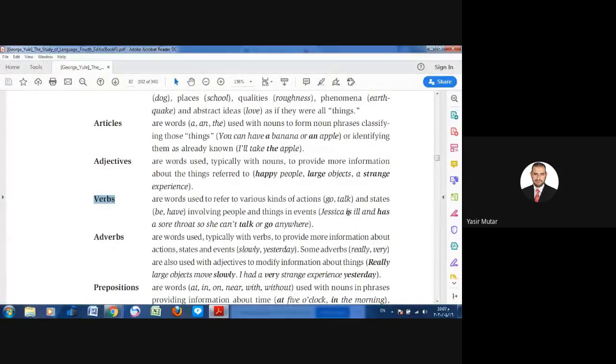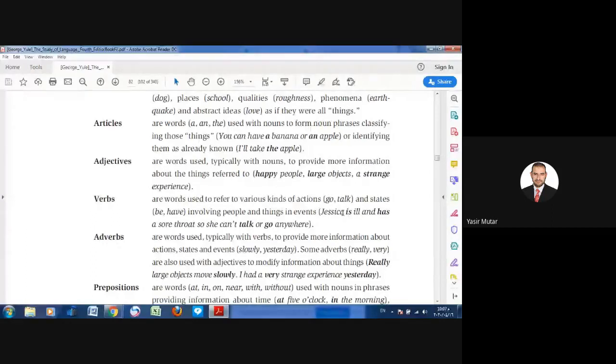And yes, we have many types of verbs. We have main verbs, we have auxiliary verbs, we have modals, and we also have a classification of main auxiliary verbs. We have three groups: verb to do, verb to be, verb to have. These are the main auxiliary verbs, and we also have main verbs.